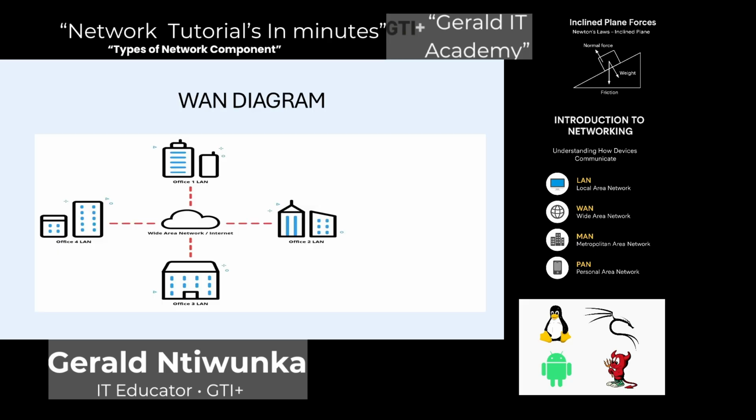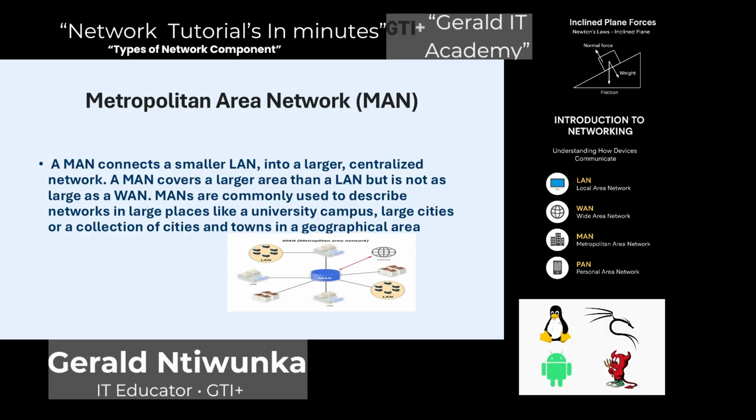This is the diagram of how to connect all those branches. It has to be through a router, modern switches, all this, because they are wireless. These are the ones that can connect local area networks together to form a wide area network. Now we are going to talk about metropolitan area network.